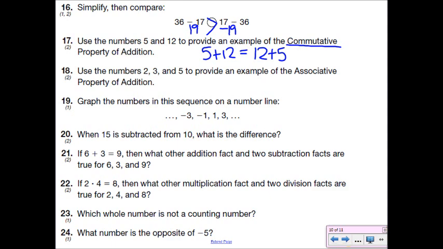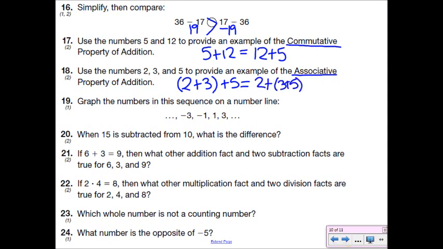And then it says use the numbers 2, 3, and 5 to provide an example of the associative property of addition. And that's the one that says you can put parentheses in anything and it will still work out. So we can do 2 plus 3 plus 5. And then we could move the parentheses over and we could do 2 plus 3 plus 5.